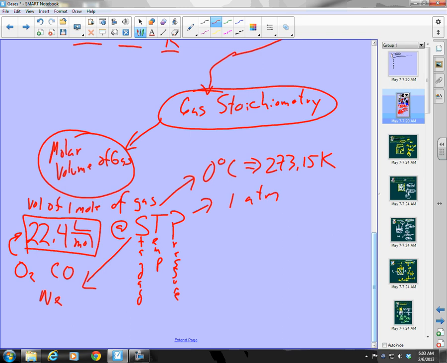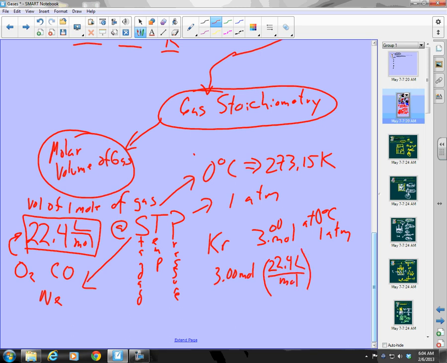So if I have any gas, let's see, what's your favorite gas? Krypton. I have 3 moles of krypton at 0 degrees Celsius and 1 atmosphere. How do I figure that out? Well, I have 3.00 moles of a gas times 22.4 liters per mole.